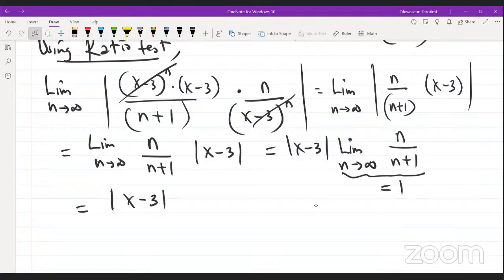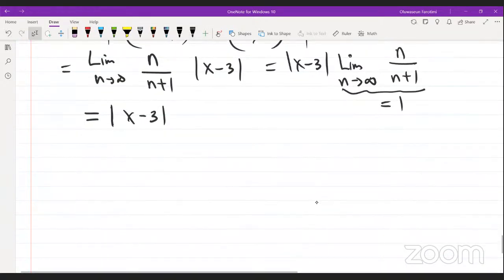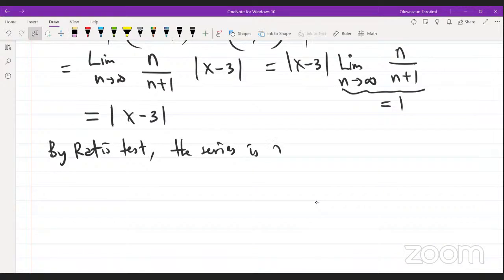Now, we use the ratio test. The ratio test has different possibilities. By the ratio test, the series is absolutely convergent.